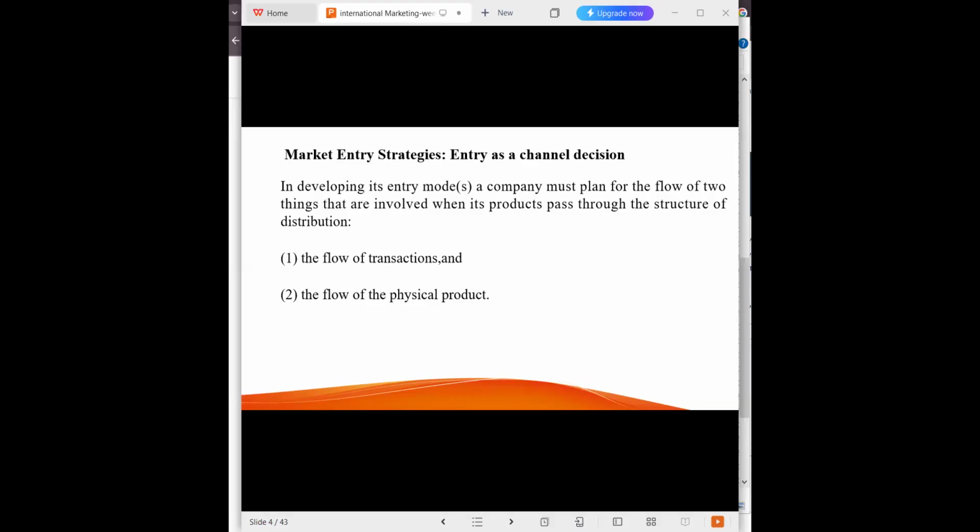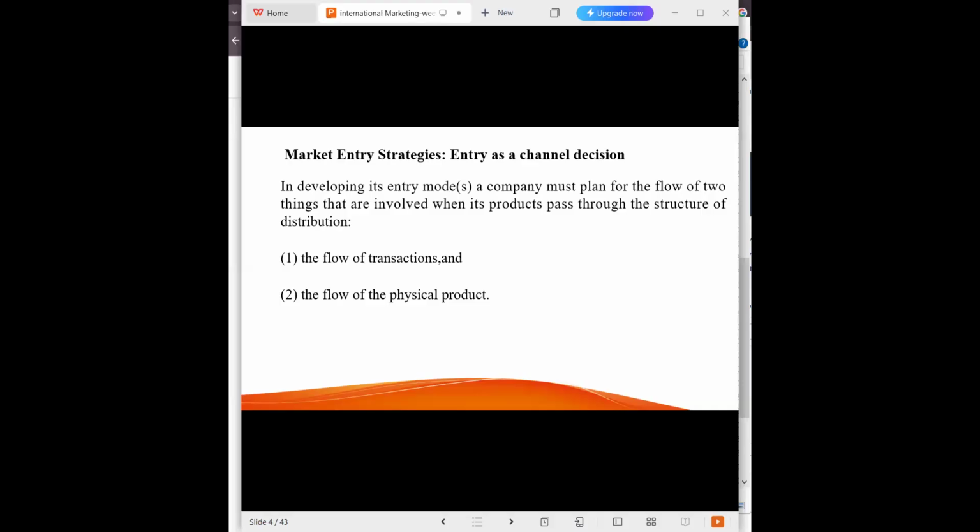Looking at the flow of ownership of that particular product, how the transfer of ownership moves from the producer to the final consumer. The physical flow here is looking at the product itself, how the product will get to the final consumer. So you're looking at the storage aspect, the physical movement of the product and the rest.